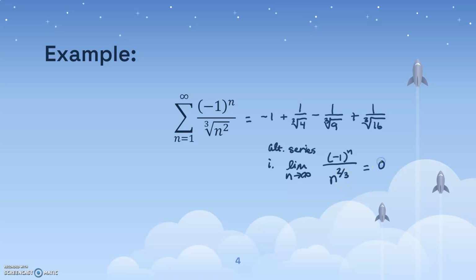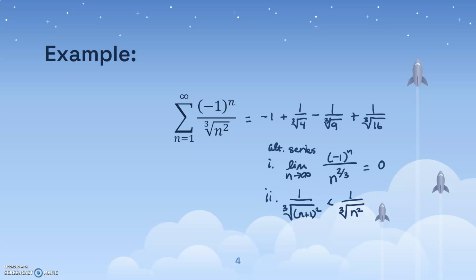So this goes to 0. And then the other part of the alternating series test, if I look at the next term, that would definitely be smaller than the current term because the denominator would be bigger. So it passes the alternating series test. It converges as it is written.